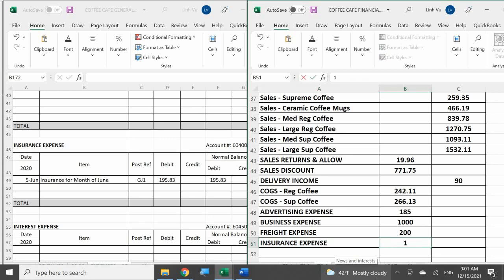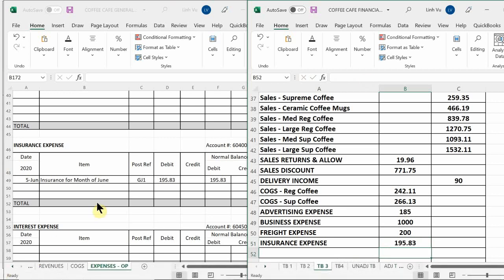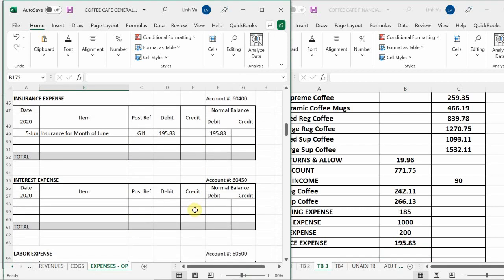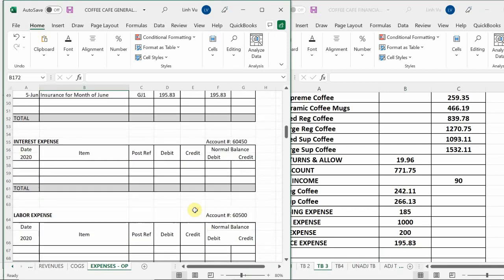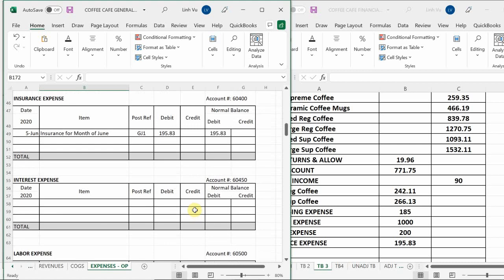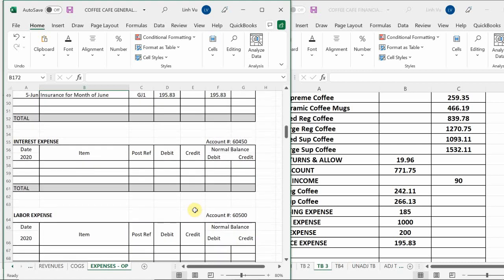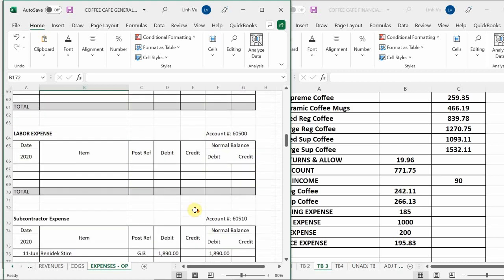For 195.83. Okay, interest expense, nothing there. Labor expense, nothing there.